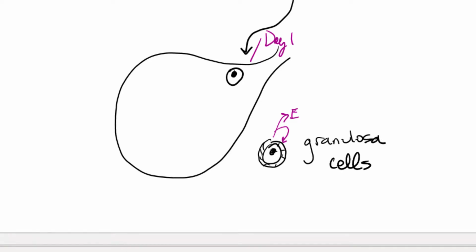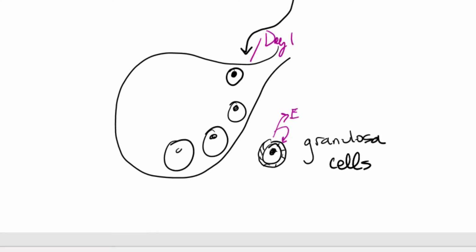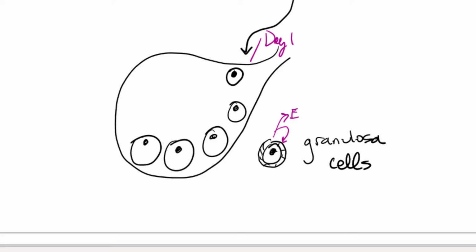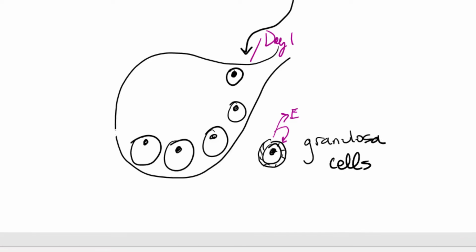And so what happens is this follicle moves along and gets bigger and bigger, like this, until about day 14, when it bursts, and we're going to get there in a second.